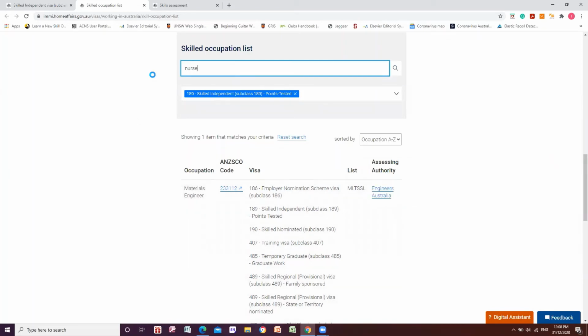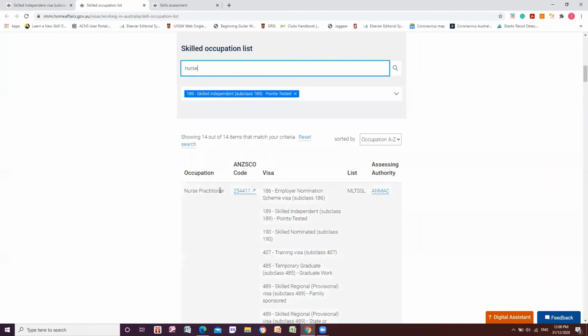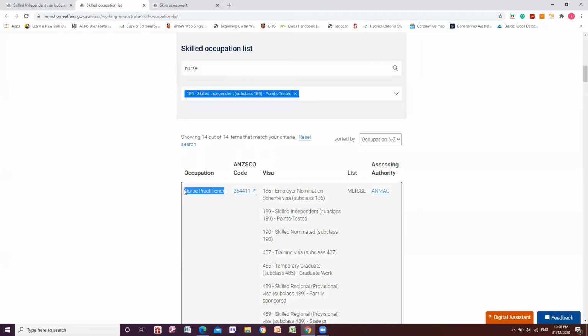Another example is if you're a nurse and you want to become a nurse practitioner here in Australia and come here as a permanent resident, you have to be assessed by the assessing authority, ANMAC, for you to be recognized as a nurse practitioner here in Australia.